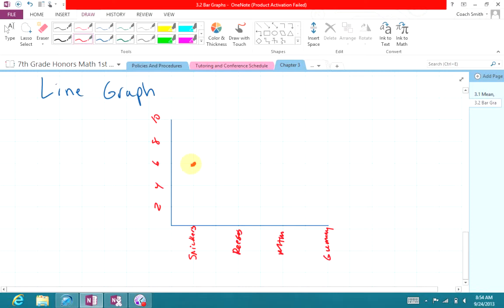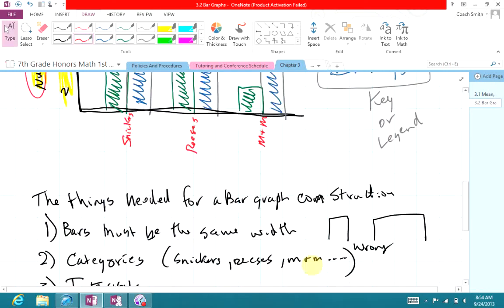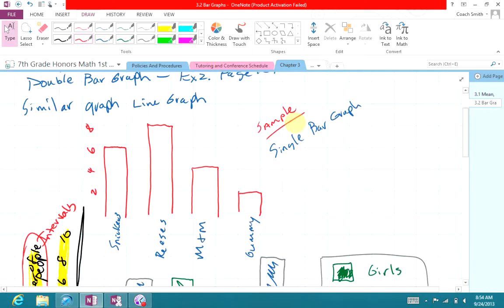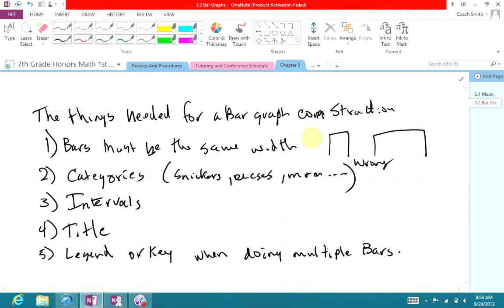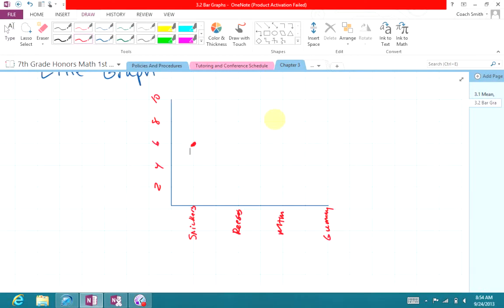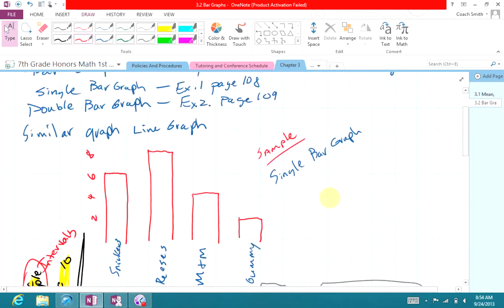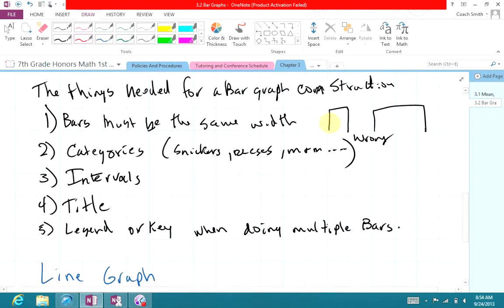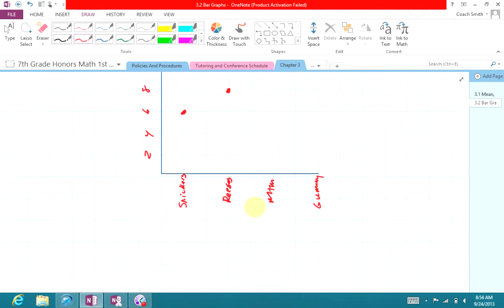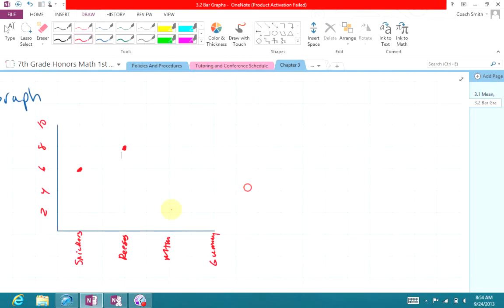Okay? So now I go back up to Reese's. Reese's, I had 8 of them. So I go here at Reese's, and I go up to 8. Okay, then M&M's, I think I had 4, and then 2 on the other one. So M&M's, I had 4, which is right there, and gummies I had 2, which is right there.